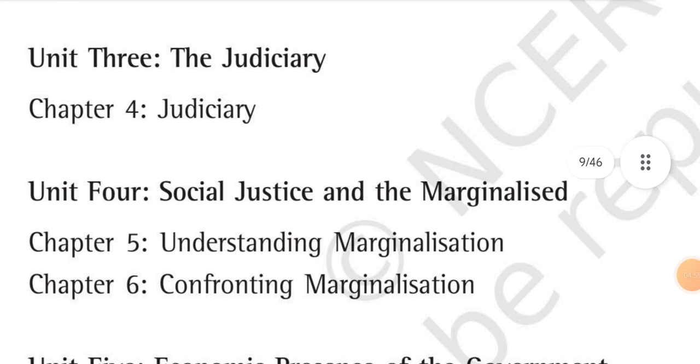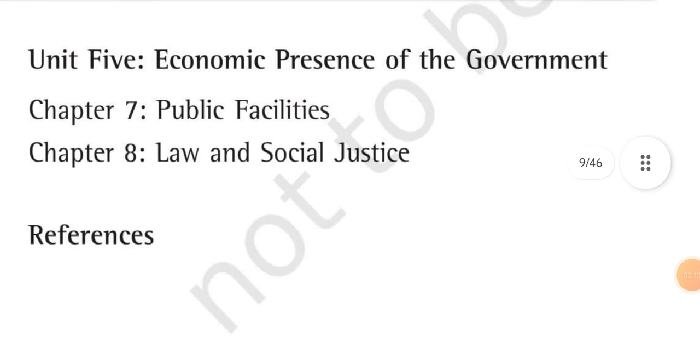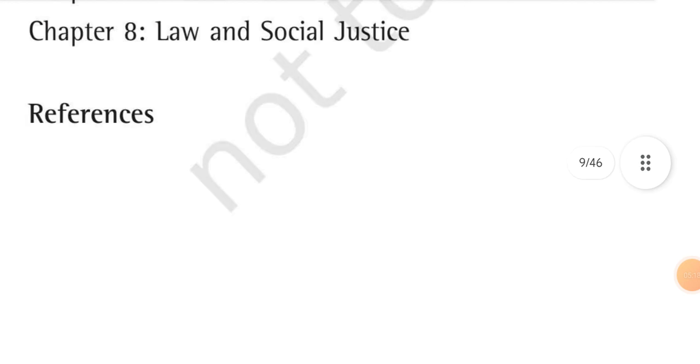Chapter 4 Judiciary. Unit 4 Social Justice and the Marginalised. Chapter 5 Understanding Marginalisation. Chapter 6 Confronting Marginalisation. Unit 5 Economic Presence of the Government. Chapter 7 Public Facilities. Chapter 8 Law and Social Justice. References.